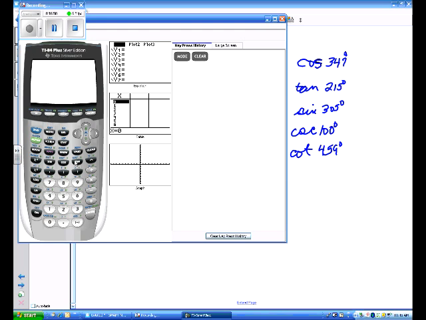And then for cosine, there's not a difficulty. We press cosine 347, close our parentheses, and enter. And we're going to round these off to 4 decimal places. So that means we've got a decimal 1, 2, 3, 4.